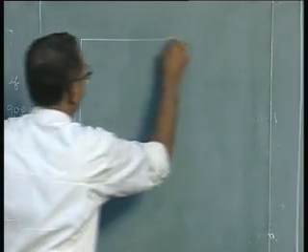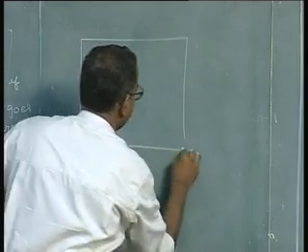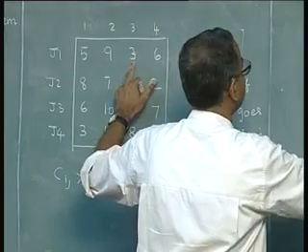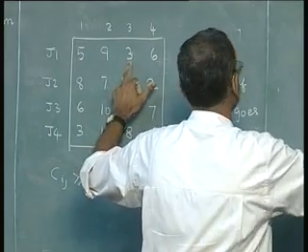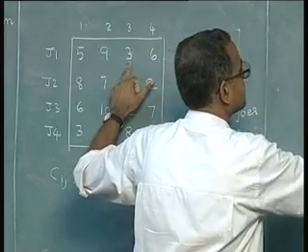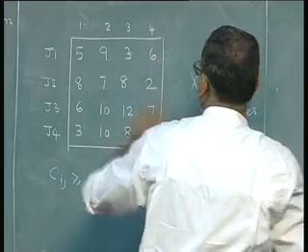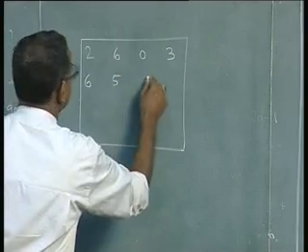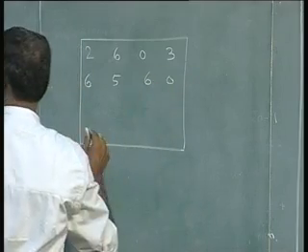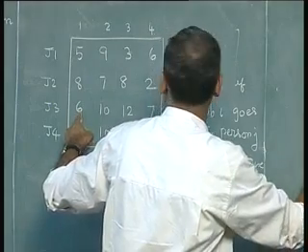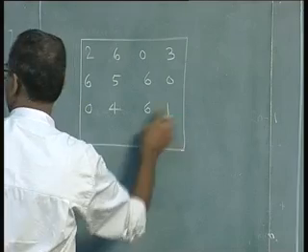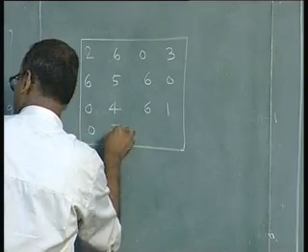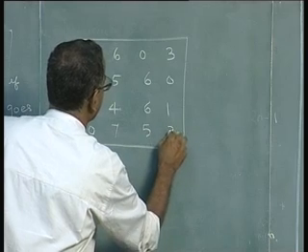So we do that, and we get this row, subtract the row minimum, which is 3, to get 2, 7, 2, 6, 0, 3. Here the row minimum is 2, so you get 6, 5, 6, 0. Row minimum is 6, 0, 4, 6, 1. Row minimum is 3, 0, 7, 5 and 3.